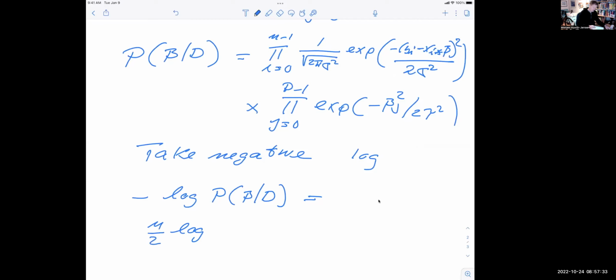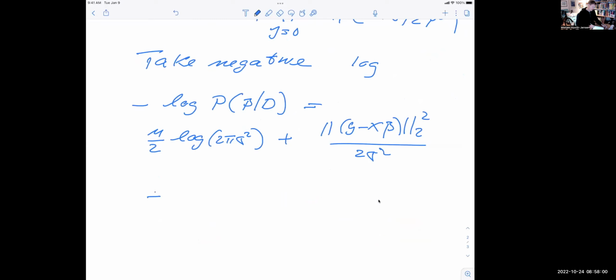I have the negative log, so I have minus log of the square root of 2 pi sigma squared, so that gives me plus. So I have a log of 2 pi sigma squared, and then I get plus the norm of y minus x beta, and this is a norm 2 divided by this constant 2 sigma squared, and plus 1 over 2 times tau squared multiplied with the norm 2 of the parameter beta. So this is in case I have a normal distribution here.